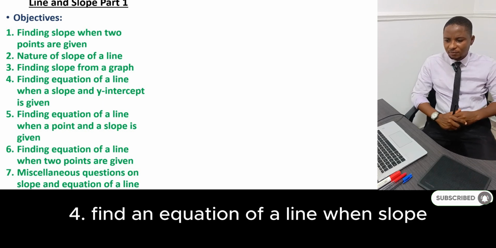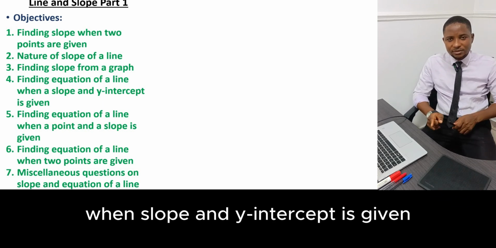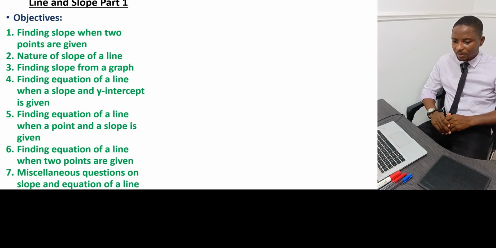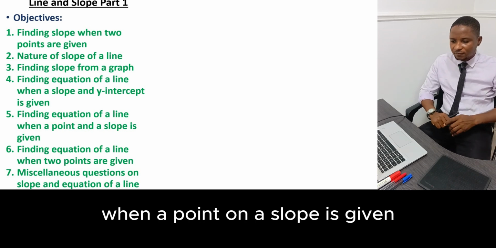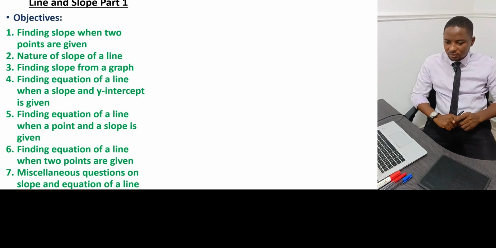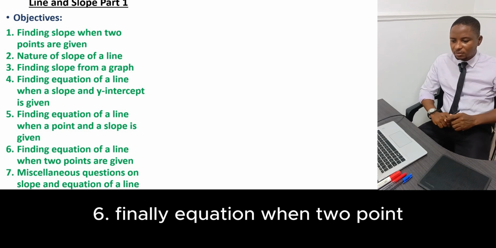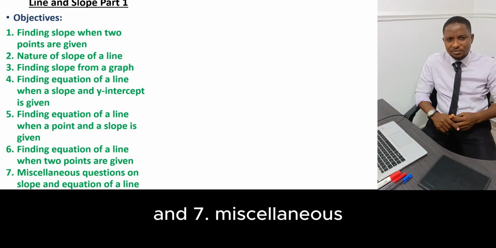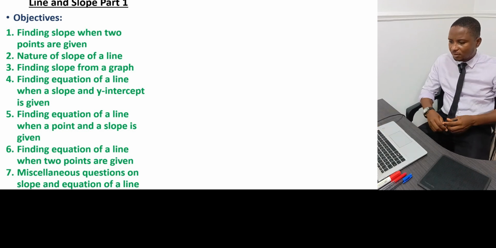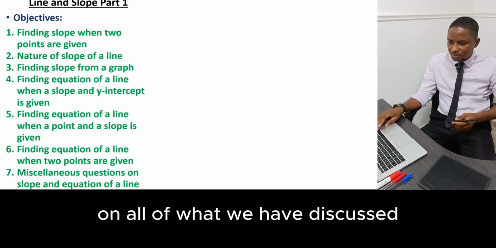Finding equation of a line when slope and y-intercept is given. 5. Finding the equation of a line when a point and a slope is given. 6. Finding the equation of a line when 2 points are given. Then 7. Miscellaneous on all of what we have discussed.